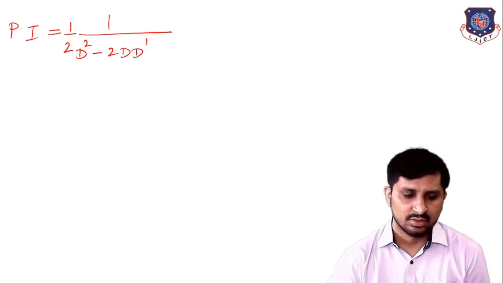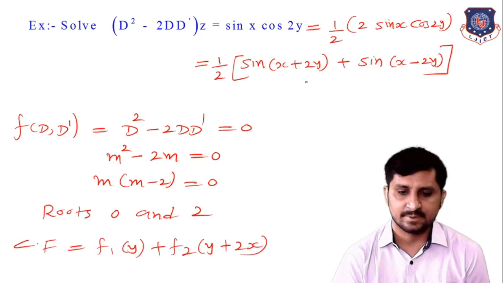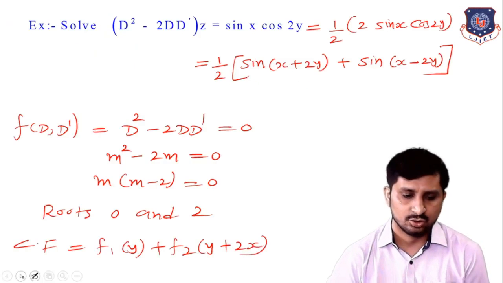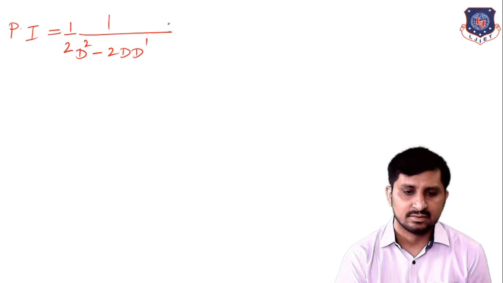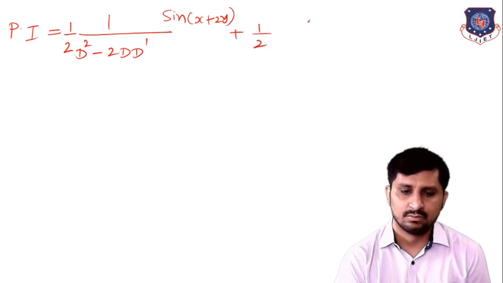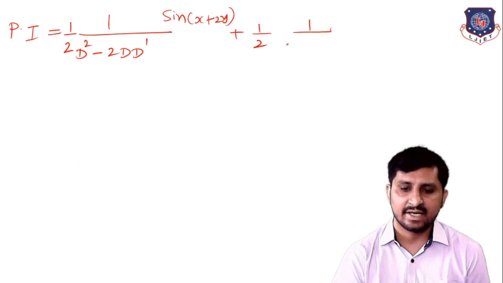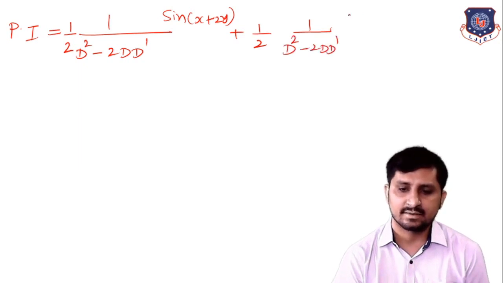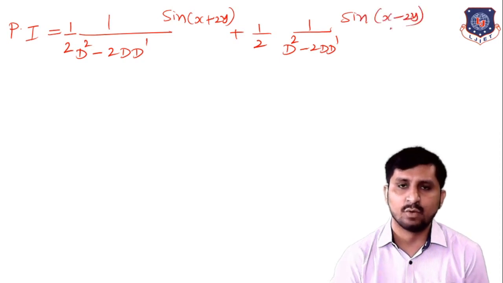So the first function is sin(x plus 2y): 1 by 2 into 1 upon D square minus 2 D dash of sin(x plus 2y), plus 1 by 2 into 1 upon D square minus 2 D dash of sin(x minus 2y).